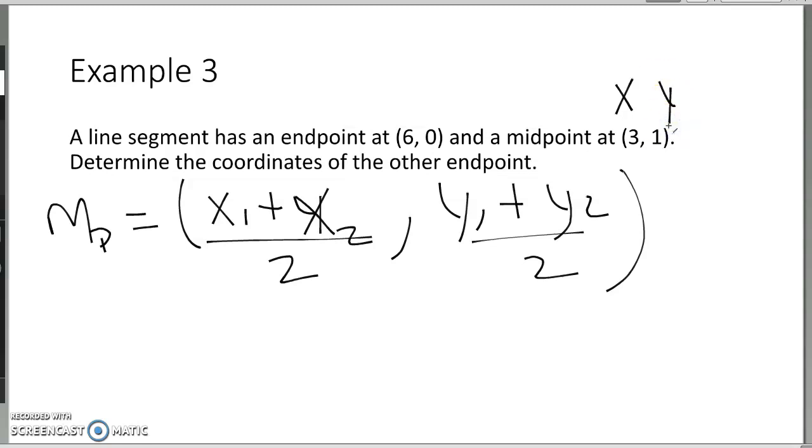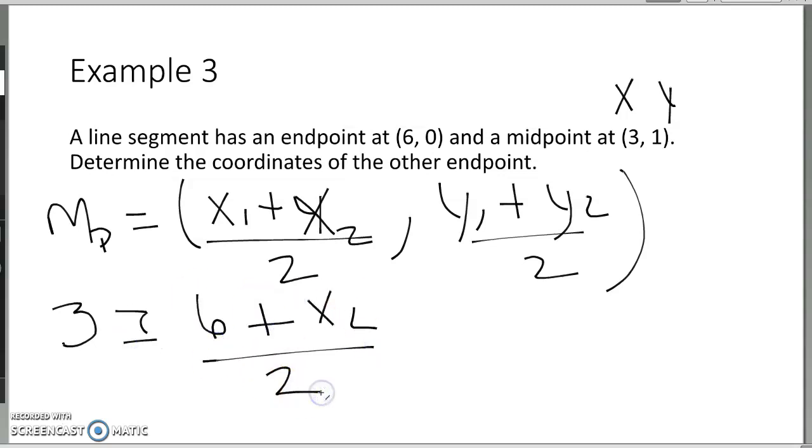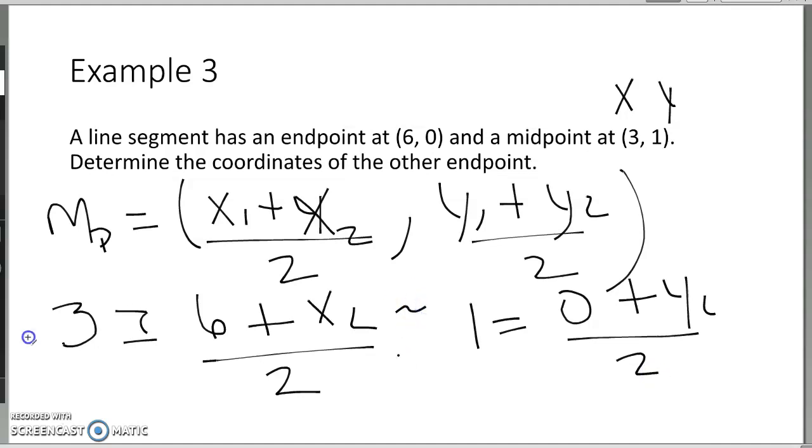Looking at x first, my midpoint 3 is equal to my first value, which is 6, plus x2, divided by 2. And now I can solve for the y as well, so y is equal to my y1, which is 0, plus y2, divided by 2. First thing I do, looking at my x, is multiply both sides by 2 to get rid of that 2.